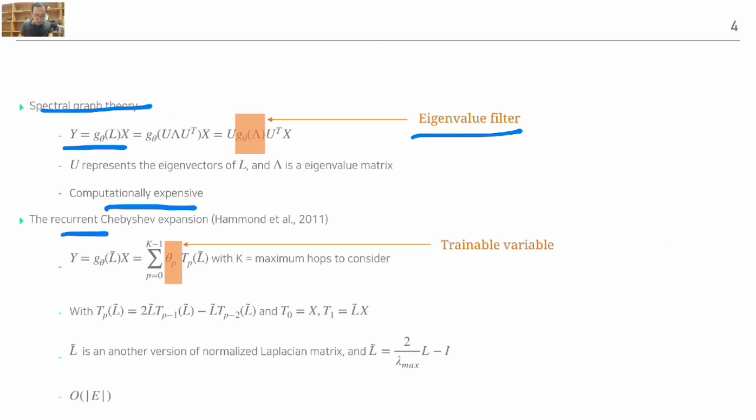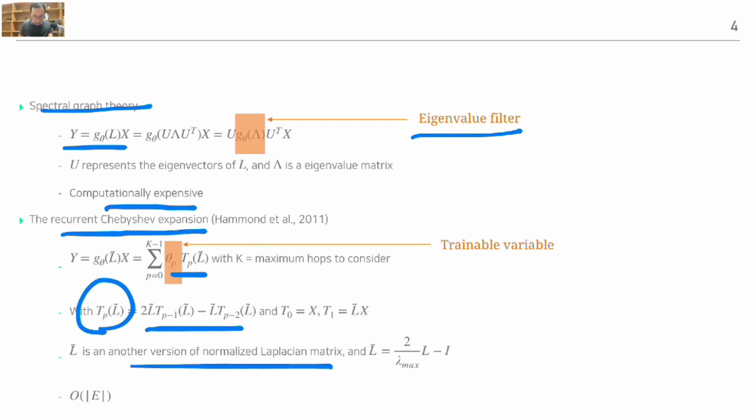By using the recurrent Chebyshev expansion, we were able to compute a summation of K terms, and each term is computed from the previous two, the T's. Then L is from another version of a normalized Laplacian, and it is multiplied by T_{p-1} and T_{p-2}, and they are computed from this.